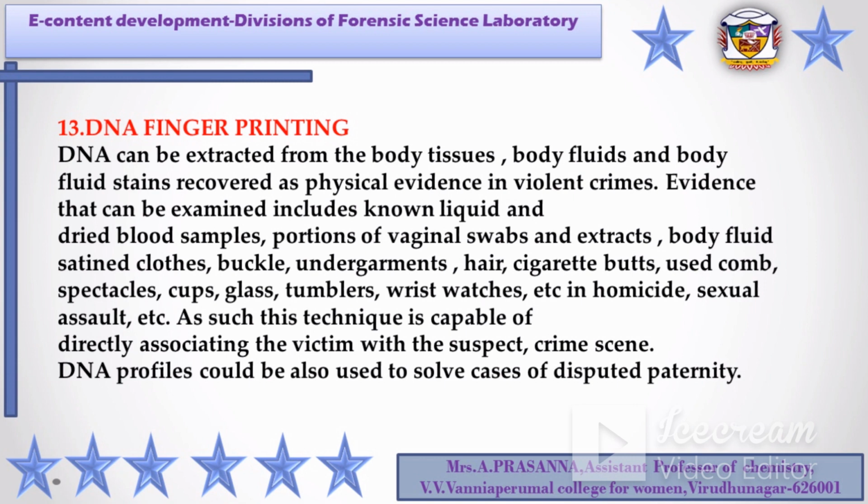Evidence that can be examined includes known liquid and dried blood samples, portions of vaginal swabs and extracts, body fluid, stained cloths, buckle, undergarments, hair, cigarette butts, used comb, spectacles, cups, glass tumblers, wristwatches, etc. in homicide, sexual assault, etc. As such, this technique is capable of directly associating the victim with the suspect or crime scene.